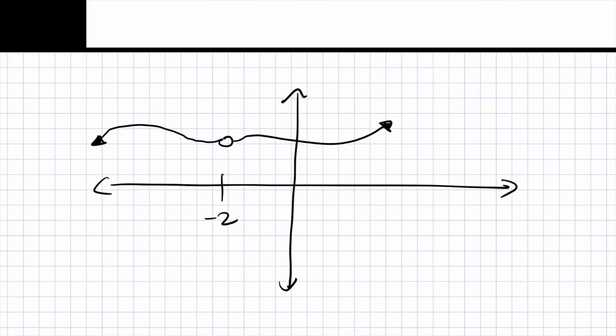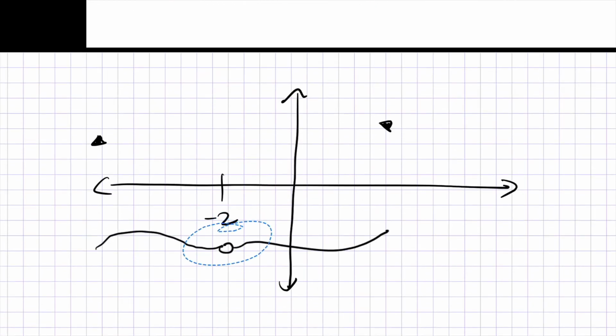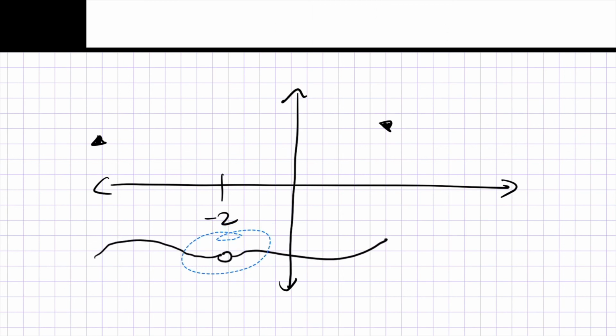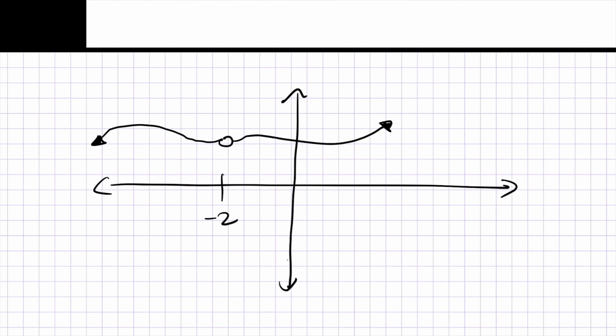Negative 7. So I probably should have moved this down. Negative 7. That's where the dot is.